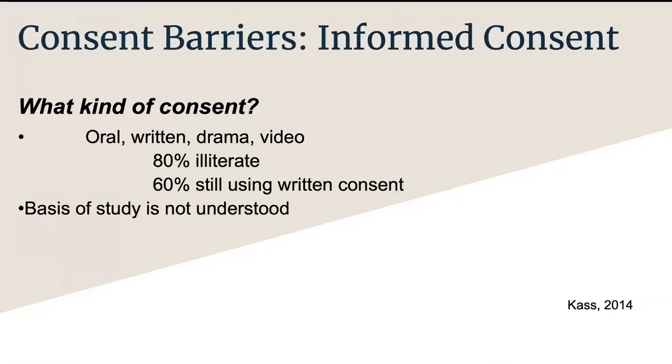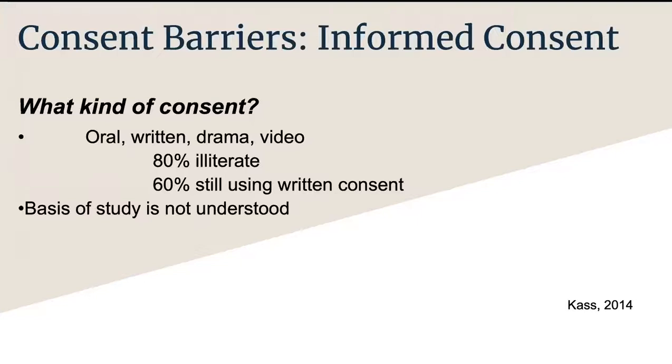Barriers to consent must also be expected and addressed when obtaining informed consent in international research. So the question is, how are you going to get this consent? What kind of consent? When we consider oral consent or written consent, drama, or video, what needs to be understood is that as many as 80% of those participants are illiterate, and 60% of our consents are still written consents.